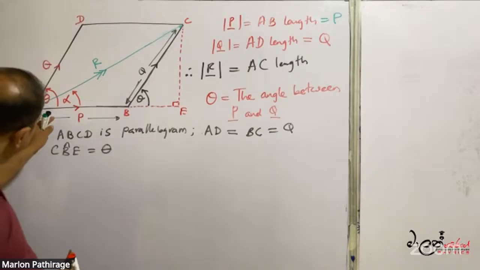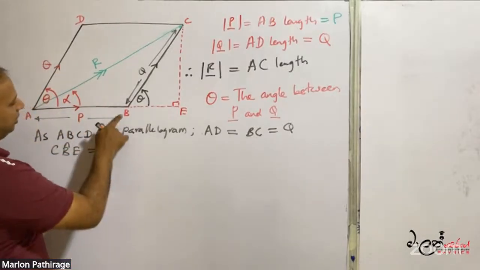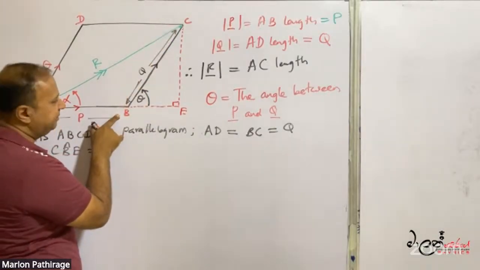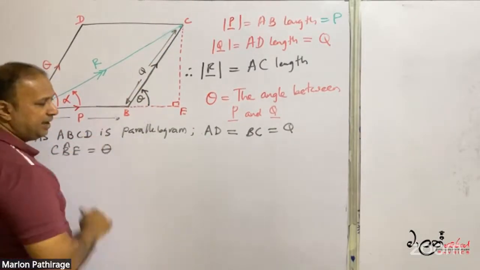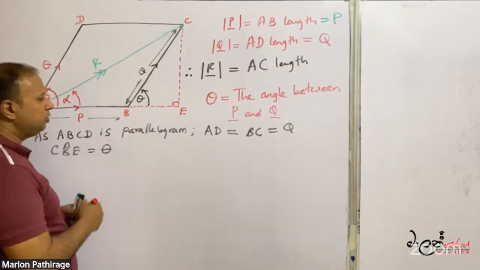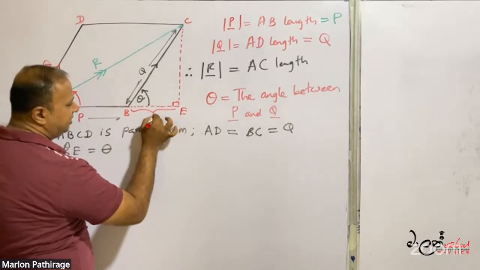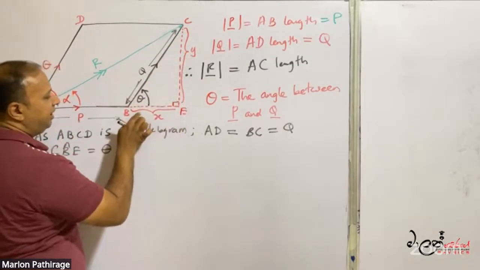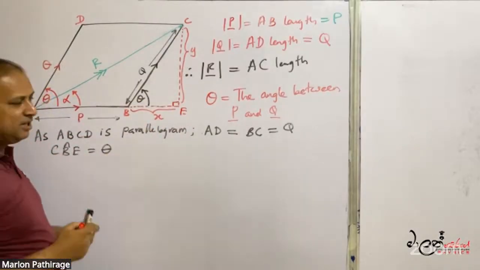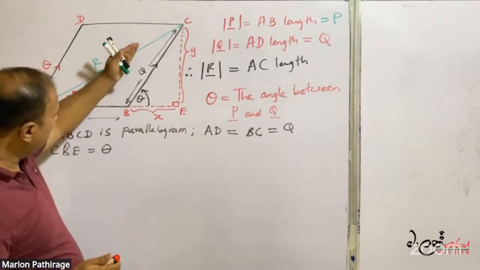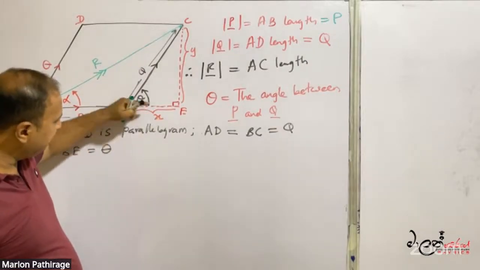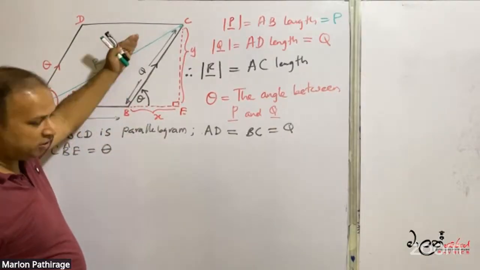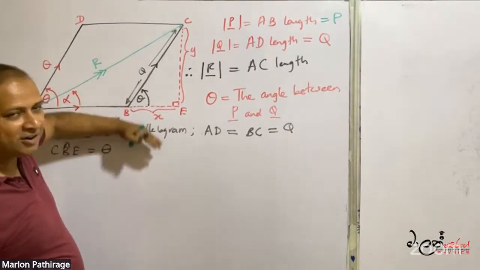So, today, you know this length, BC length, and this angle. If you know these two, you can determine this length and this one. You can determine X and Y. If you know the hypotenuse and angle, you can determine the adjacent side by Q cos theta.